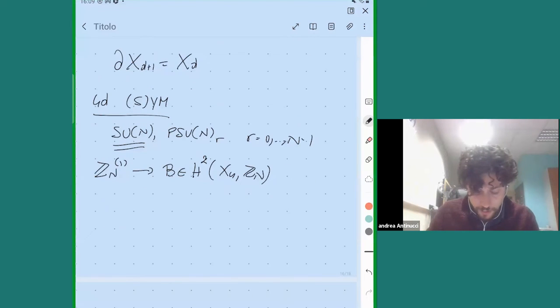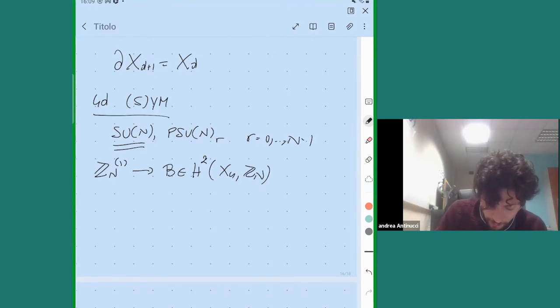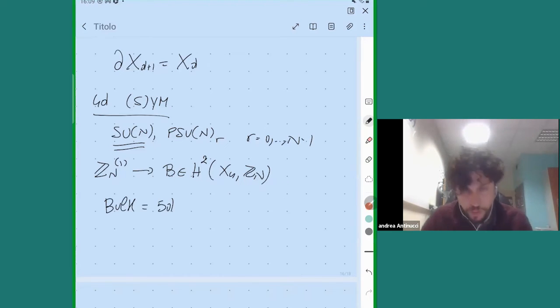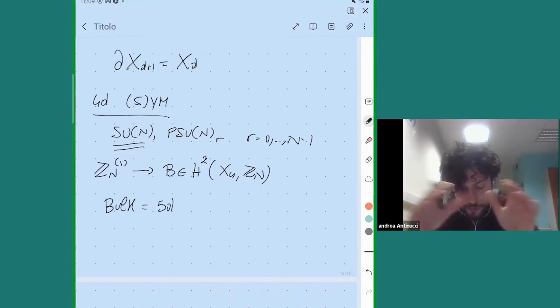So essentially, this B in the bulk can be interpreted as the background field for a one-form symmetry in the bulk. But the bulk will be 5-dimensional. So if I gauge a one-form symmetry, which now is acting on anything in the bulk, there is nothing charged under this.